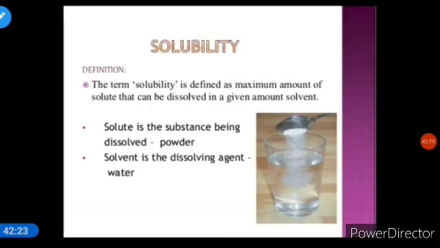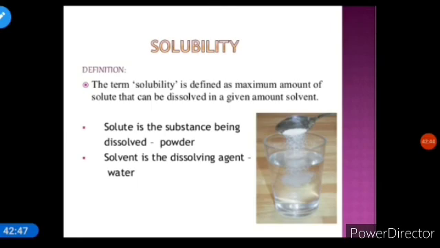Now the next topic is solubility. From the name only you have to understand solubility. It means the ability to dissolve in water. The term solubility is defined as the maximum amount of solute that can be dissolved in a given solvent.